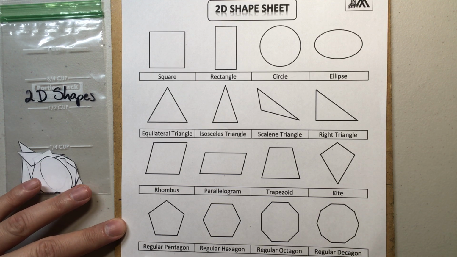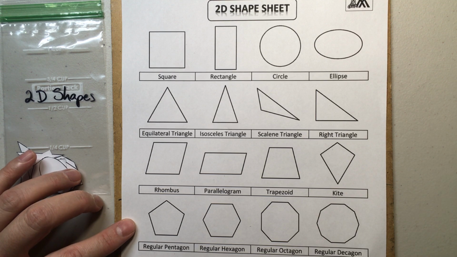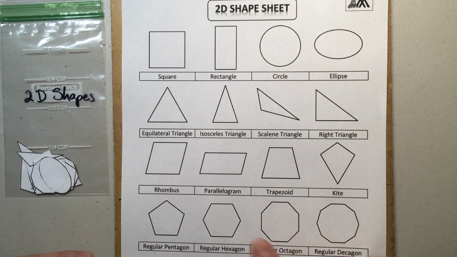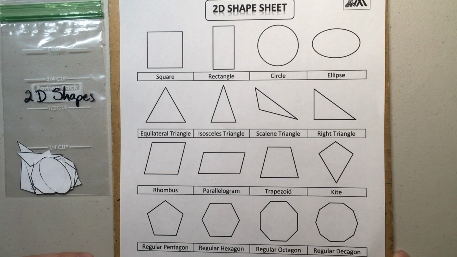We have a regular pentagon, regular hexagon, regular octagon, and a regular decagon on this 2D shape sheet.